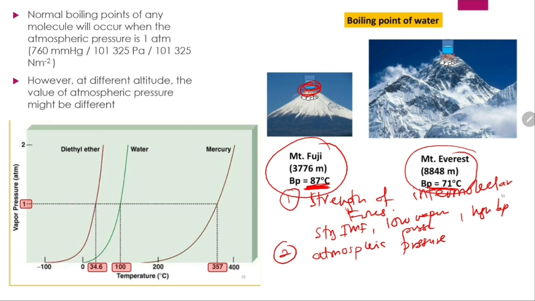That means atmospheric pressure at the higher top is lower than the one at Mount Fuji, which has lower altitude. So again, at different altitudes, you will have different atmospheric pressure. The normal atmospheric pressure at 25 degrees Celsius is 1 atm. So again, boiling point depends on the strength of intermolecular forces, which relate to the vapor pressure, and secondly depends on the atmospheric pressure.